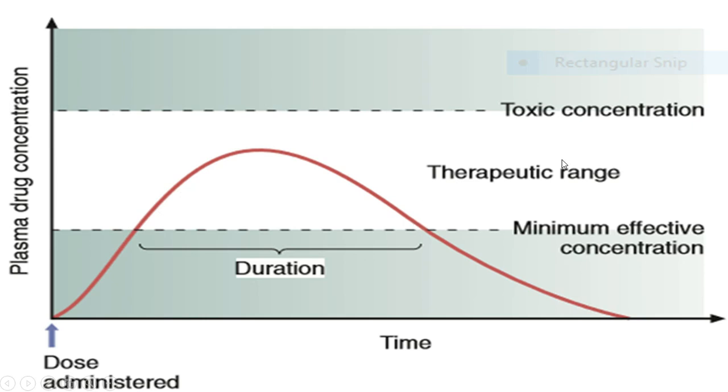This is the therapeutic range, and then it returns back to its minimum effective concentration. Over this white area, when the plasma level reaches this area, it has reached the toxic concentration of the drug.